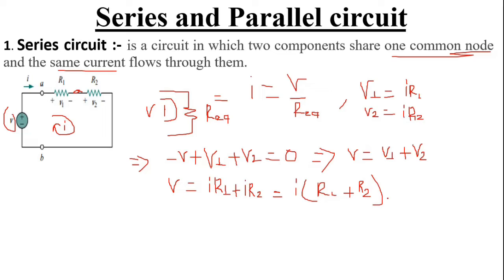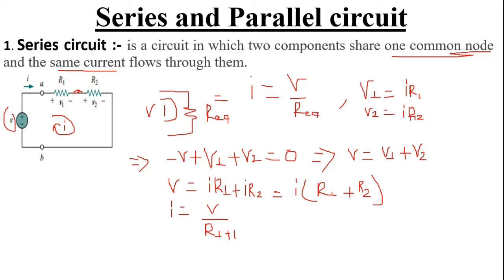Finding the value of I, by dividing both sides by R1 plus R2, we obtain the formula for I in terms of the applied voltage V and the series resistors R1 and R2. So I is voltage over R1 plus R2.